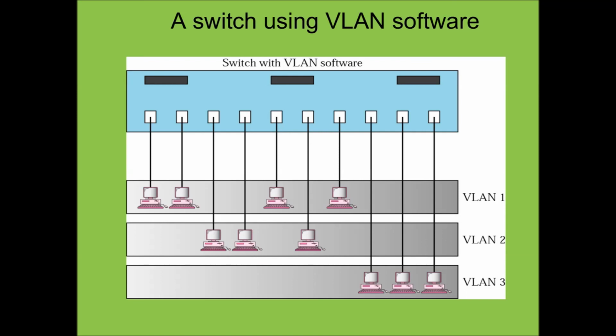So there are three VLANs: VLAN 1, VLAN 2 and VLAN 3. VLAN 1 belongs to a specific department, VLAN 2 to another department, and VLAN 3 to another, and all these computers are connected to the ports of a switch. But this is logical division. These are three logical divisions, but physically all these computers are connected to a single switch.